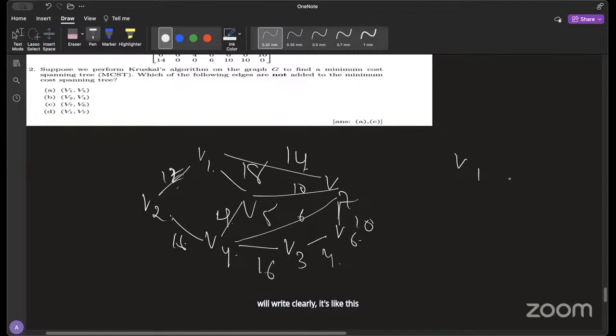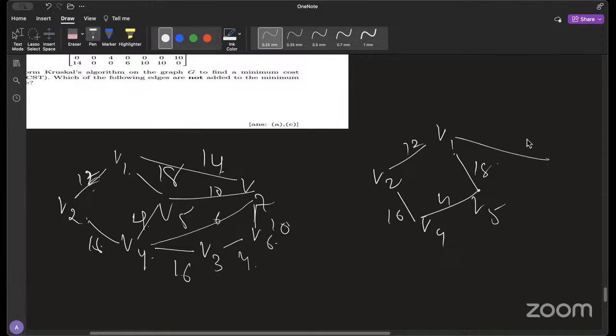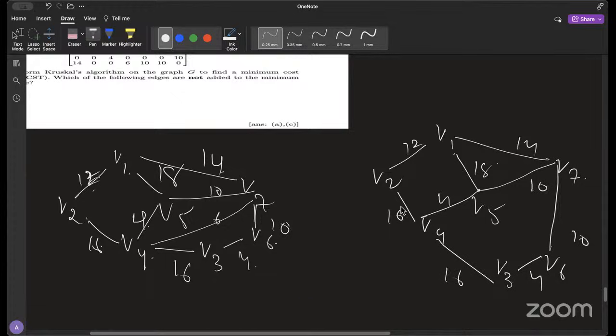It's like this: V1, V2, V4, V6, V3, and V4 to V6.